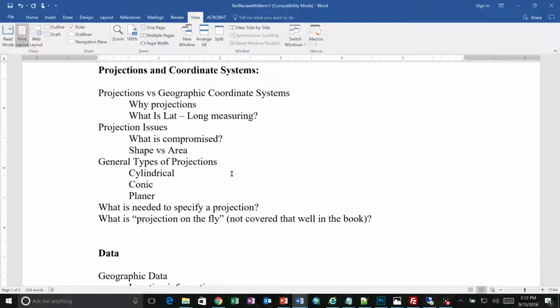Or do we wrap it around like a dunce cap that's conic? So wrapping around the globe is cylindrical, dunce cap is conic. Planar means we just took the surface and stuck it to the side of the globe and projected it onto the flat surface. Like the world from space that you did in the lab is planar. Okay.